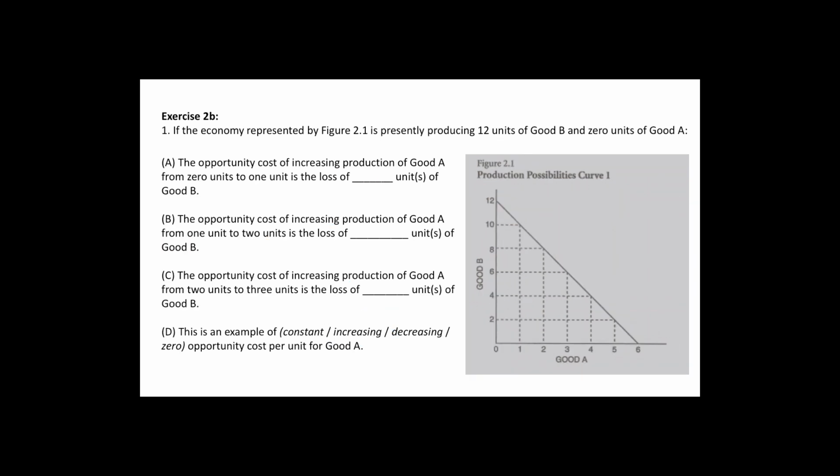Try this one out. So you move from, you give up, and then give up 2. This is an example of constant. So a straight line is for a constant opportunity cost curve.